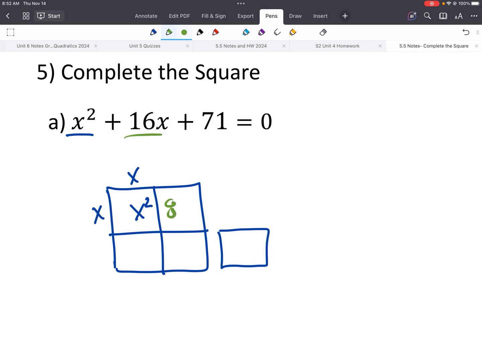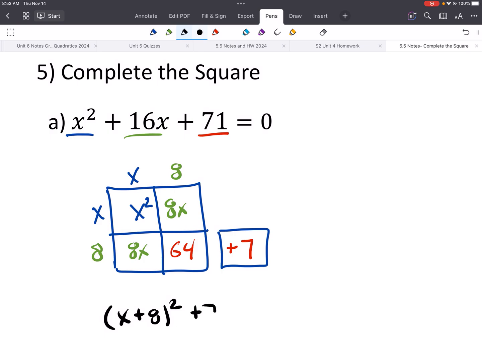Half of 16 is 8. What completes the square would be 64, but we don't have 64, we have 71. So we would have to add 7. Okay, so our final answer would be (x plus 8) squared plus 7 is equal to 0.